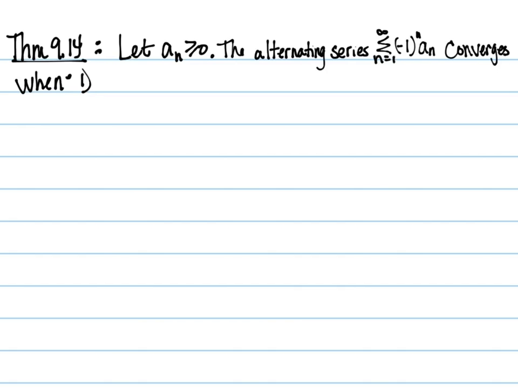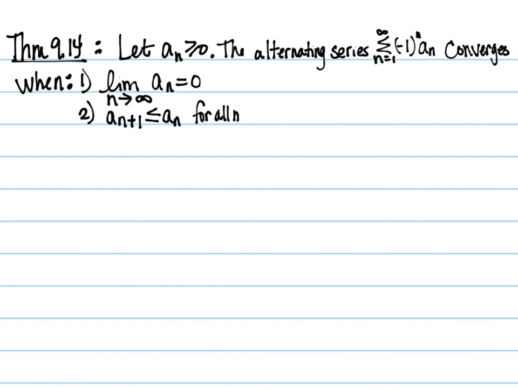I have two conditions, actually. Number 1, the limit of the part that's not going to be alternating, not the negative 1 part, the limit of a sub n is 0. And secondly, a sub n plus 1 is less than or equal to a sub n for all n.